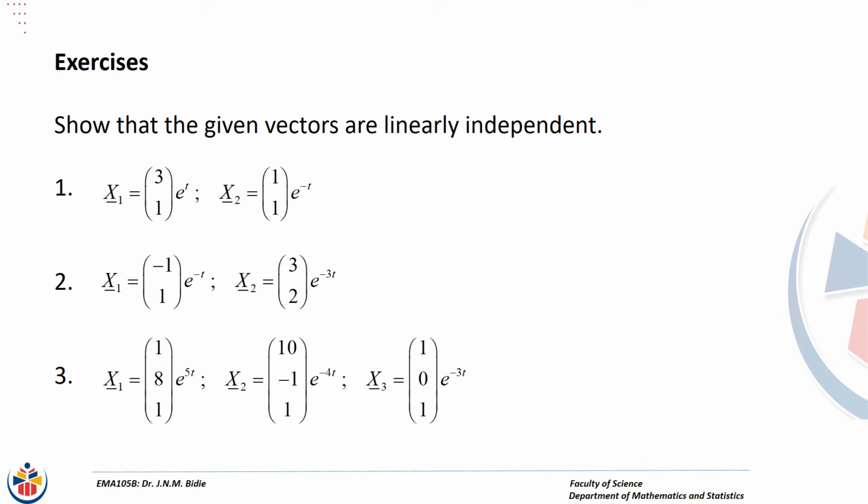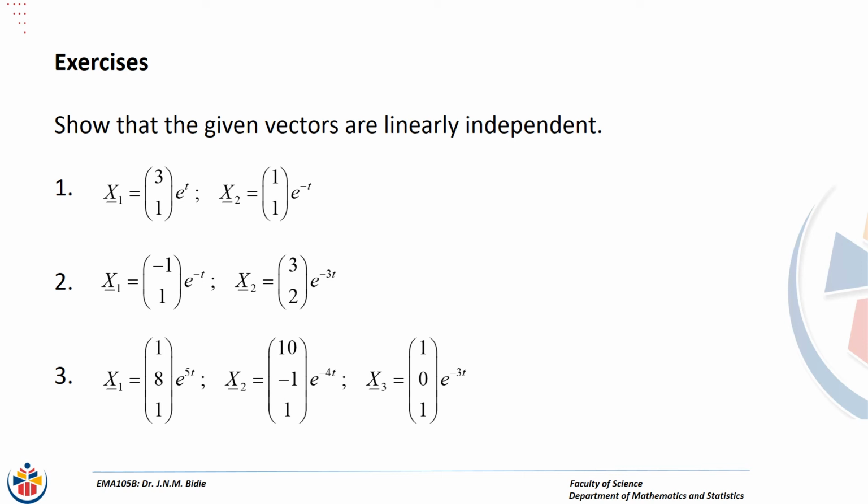Please remember that for all these three problems, we've got those exponential functions on the outside. So you multiply each of these inside. You know when you multiply a scalar to a vector, you multiply the corresponding entries of that particular vector.